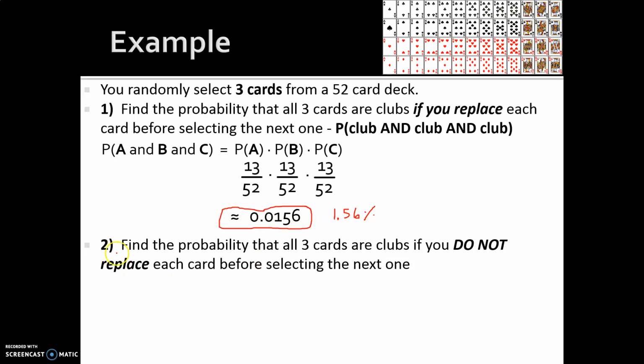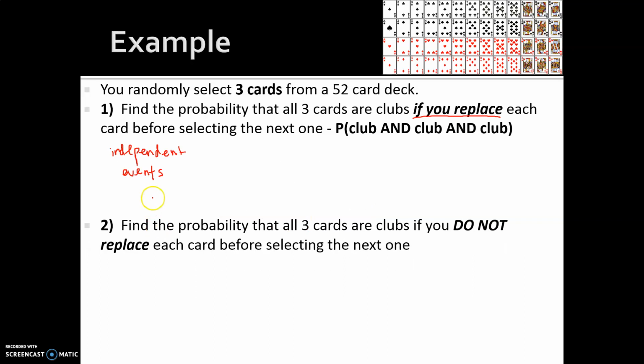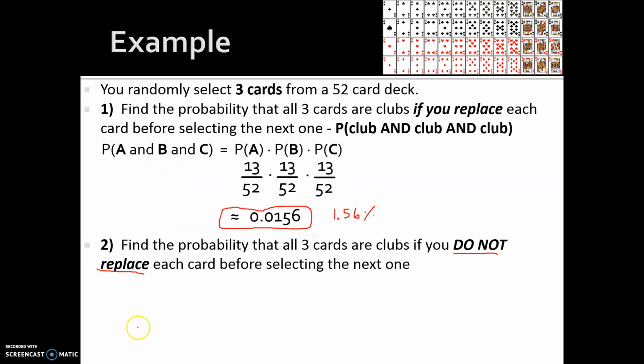Alright, number 2. Find the probability that all 3 cards are clubs if you do not replace. So if you do not replace, instead of you having independent events each time, you're going to have events that are dependent, where the probability of one event affects the outcome of the other event.